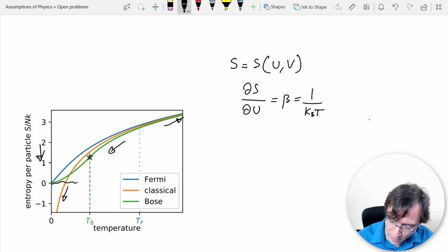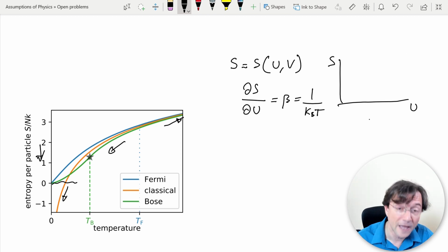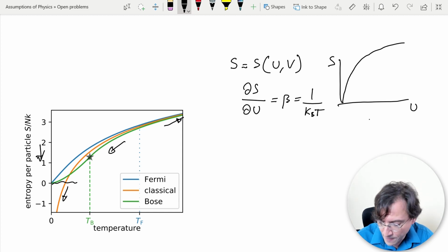And so if you would draw a graph of the entropy as a function of energy, this has to be a concave function, because otherwise you're not going to get equilibrium. And at low energy, you're going to have a high derivative, right? So the beta is going to be high, which means the temperature is low.